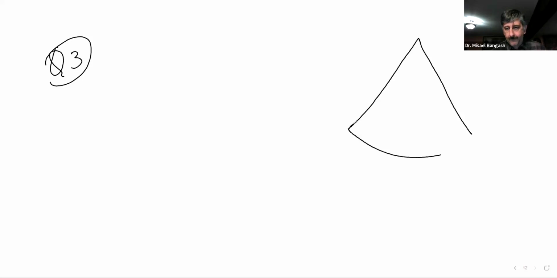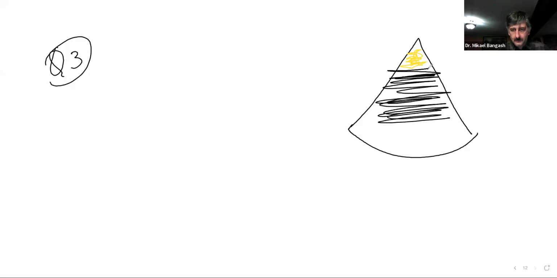So question number 3. And what do we have here, guys? We can say there's only going to be something at the shallow depth. Then we have some reflections, whereas the rest of the image here is too dark.